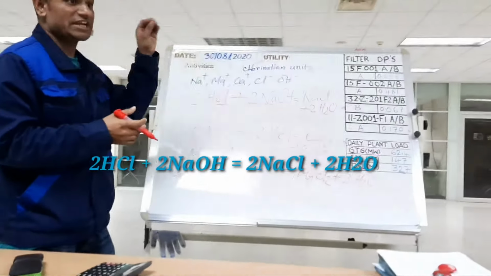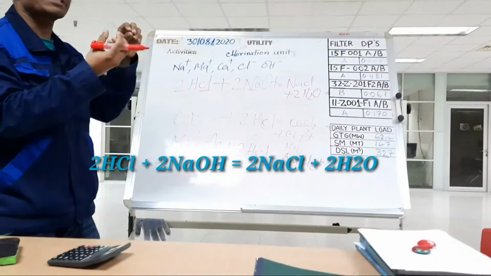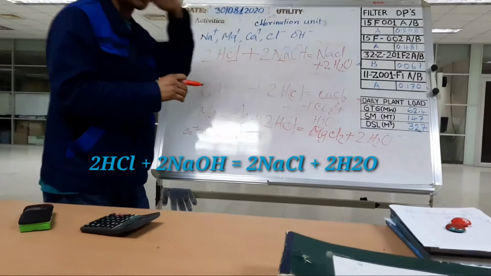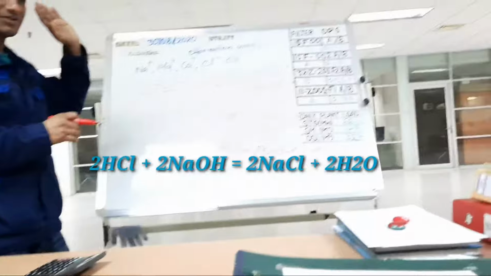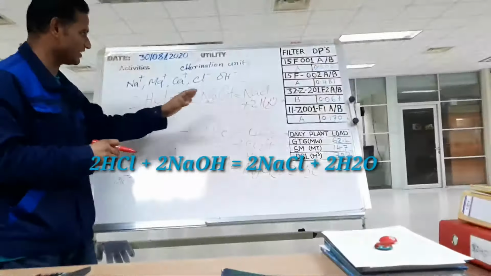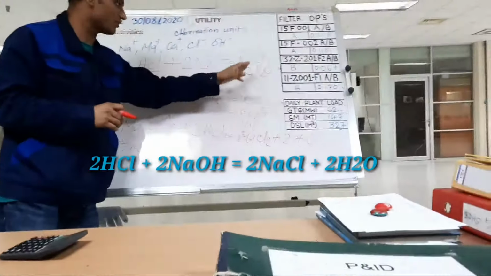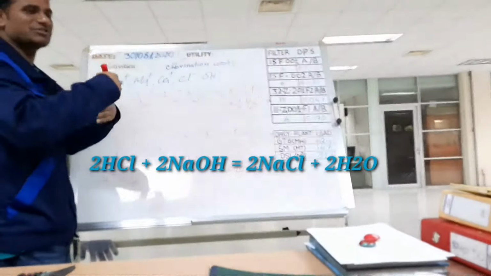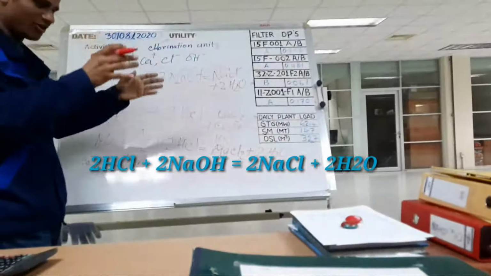Because we add extra hydrochloric acid, some remains, so we use sodium hydroxide and finally get sodium chloride and water. Sodium chloride is also ionic, so it is removed, and the anode and cathode look good, completely clean.